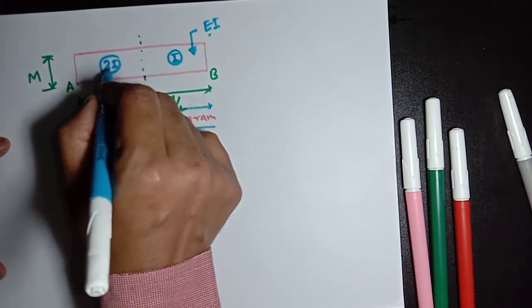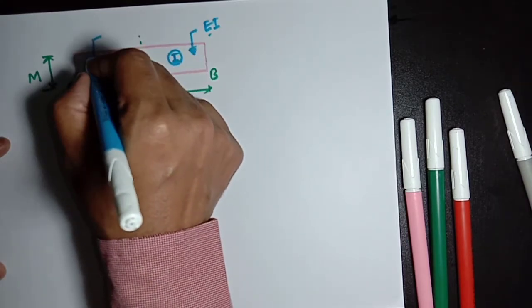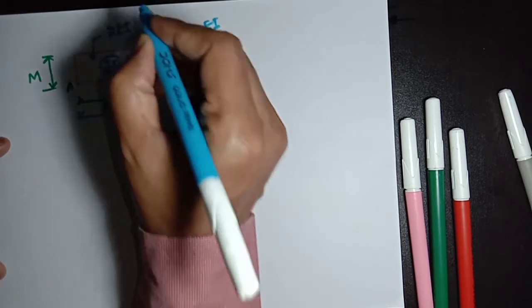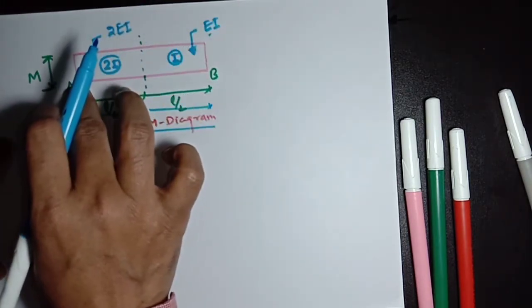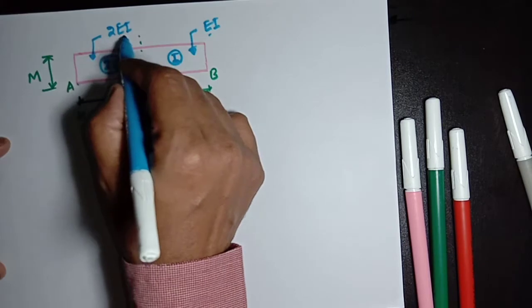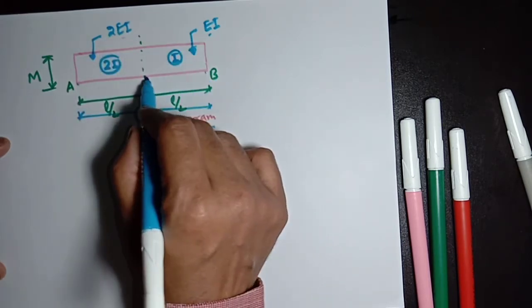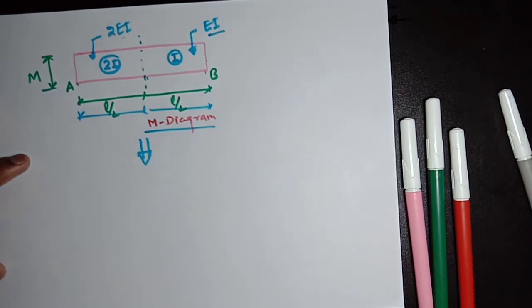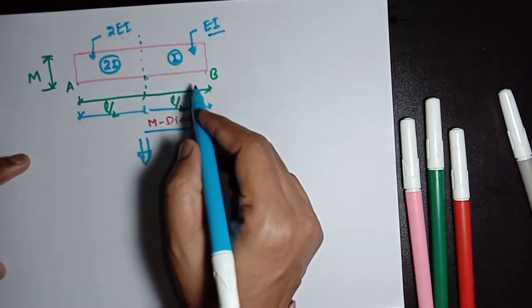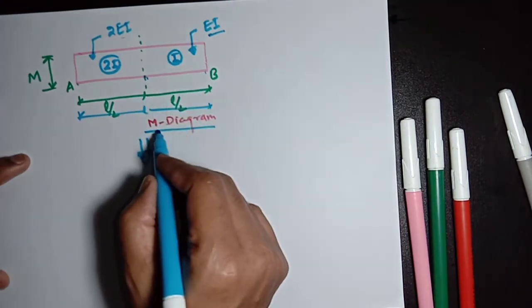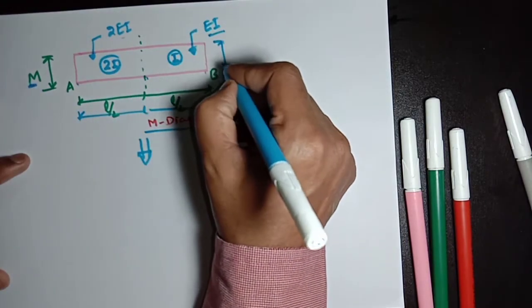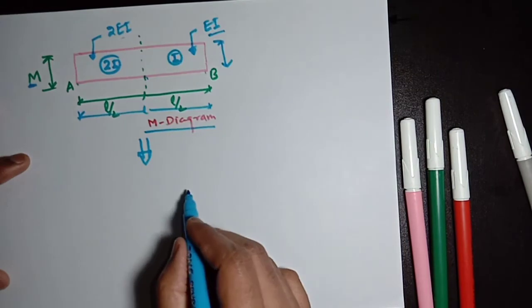From 0 to L by 2, we will be dividing every coordinate by the EI value, and from L by 2 to L, the total length of this beam, we will be dividing with a value of twice EI. So we are going to draw the M over EI diagram. This is the M diagram and M is constant here.